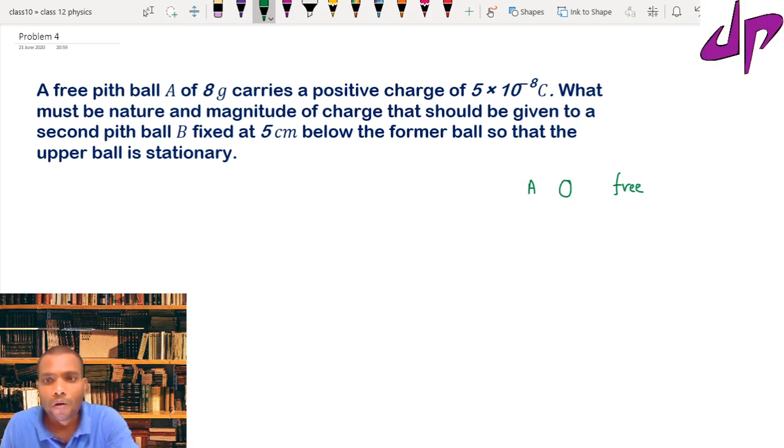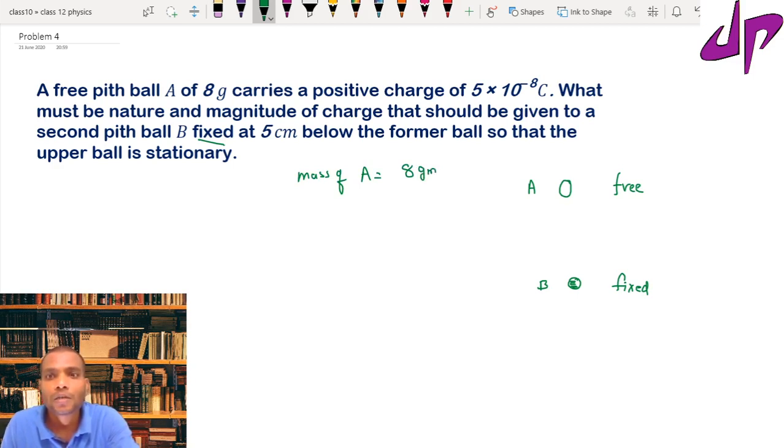And another pith ball B is fixed, means it cannot move. Pith ball A is of 8 grams. It means this ball's mass is given. Mass of A equal to 8 grams.